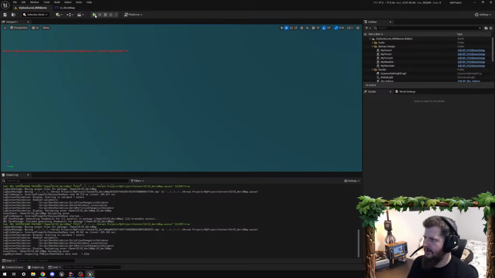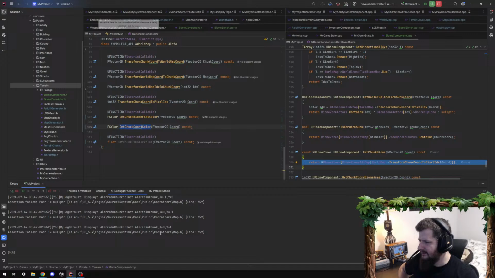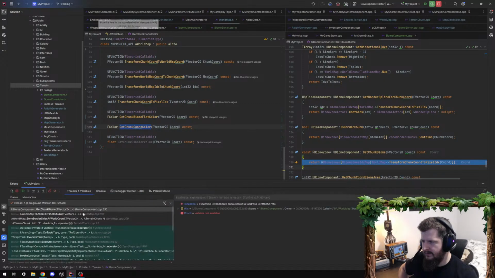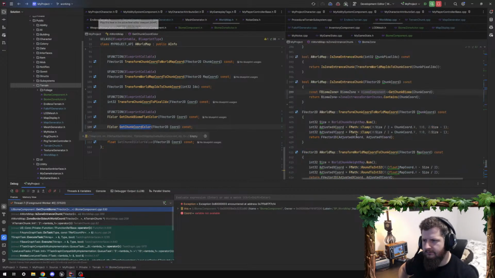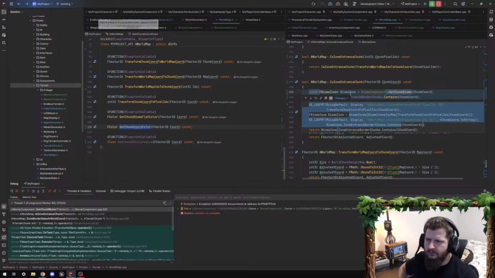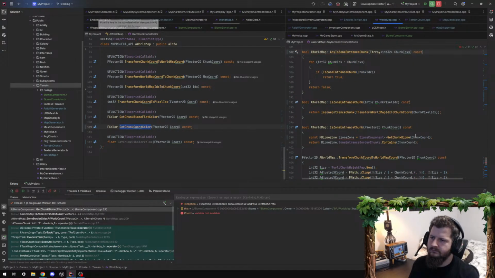You compile good now? Okay, let's play. Shit. Pair is not equal to null pointer. What is that saying to me? Okay, yeah, so this is the one I changed. Why don't you like that? And you used to be... Is zone entrance chunk.